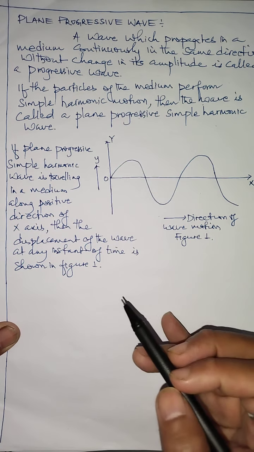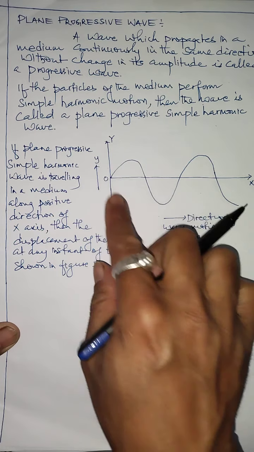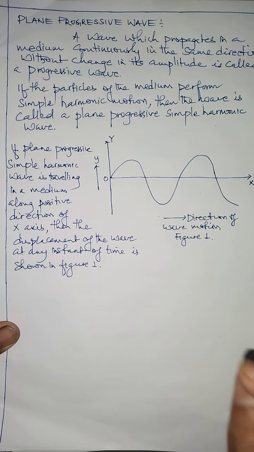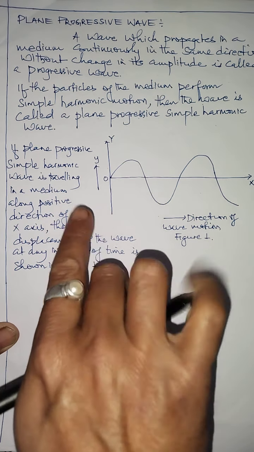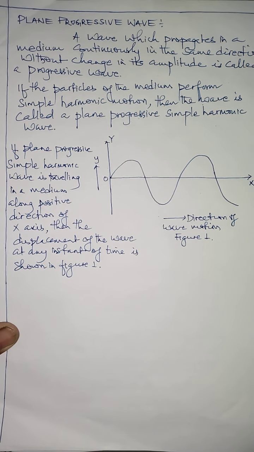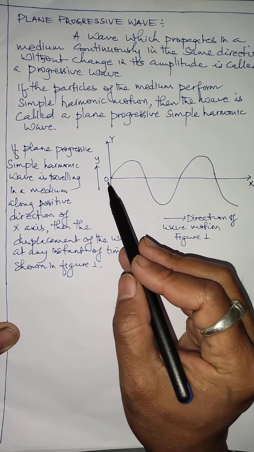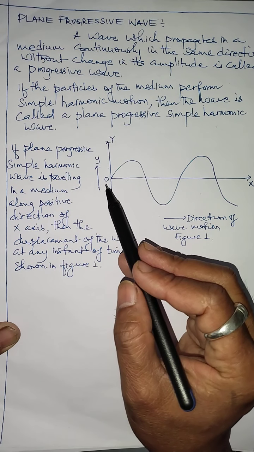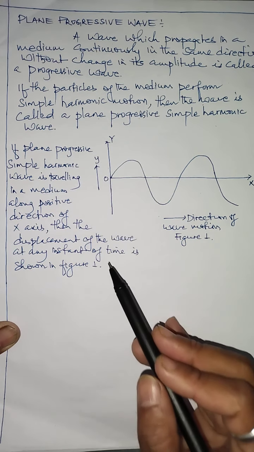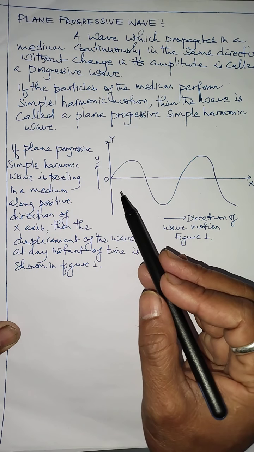So this y-axis is taken as displacement, and this small letter y is the symbol of displacement. And the wave is propagating along which axis? The positive direction of the x-axis. And as I said already, this point O is marked as the origin, which means the wave starts from this point. The wave is starting from this point, that is called the origin.